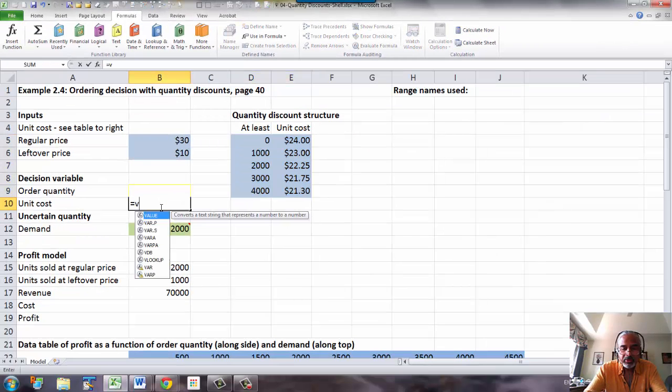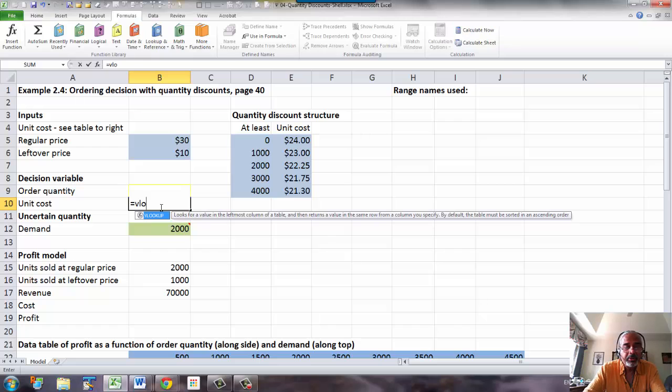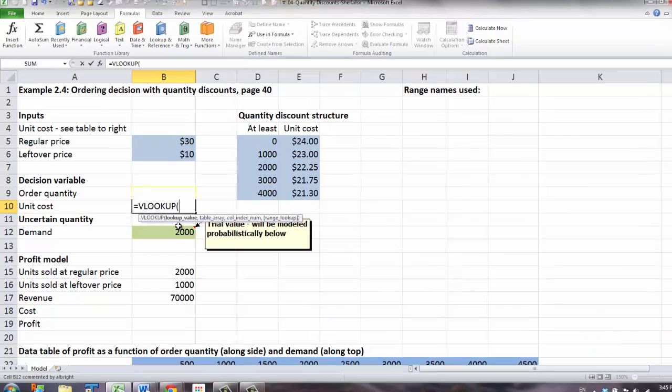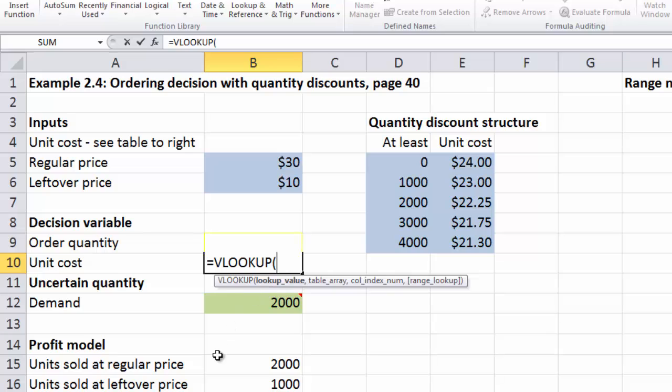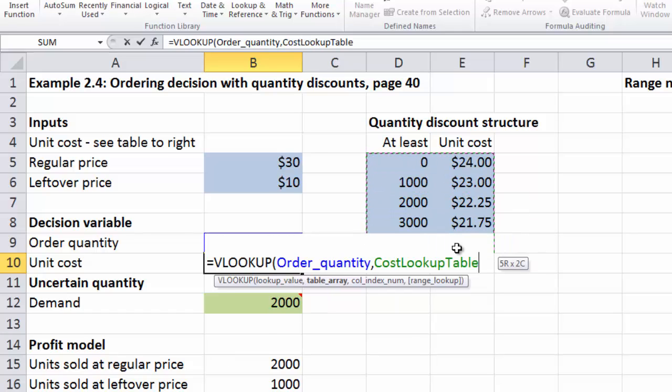Now this is a VLOOKUP because the table is in vertical shape, and there are three things that we have to provide. First is the lookup value. The lookup value is the order quantity, so that is the value that you're going to use, and the lookup table is your cost lookup table. And the third thing is in which column you have the cost.